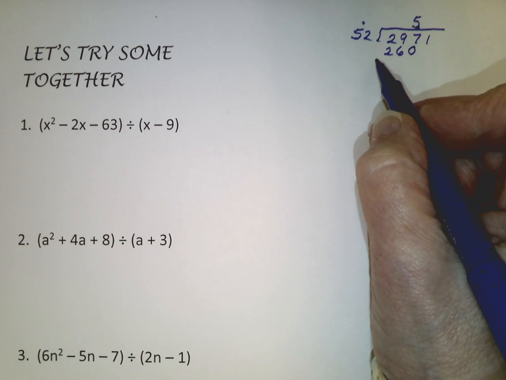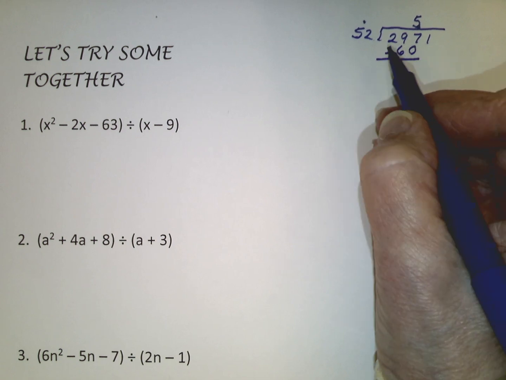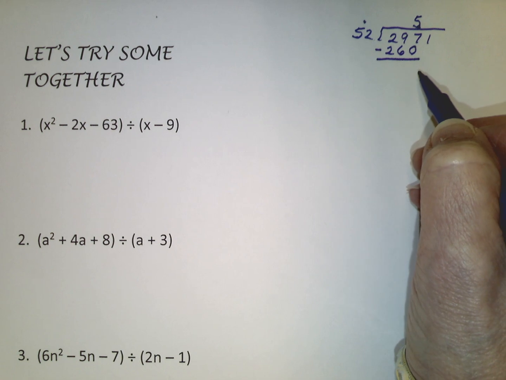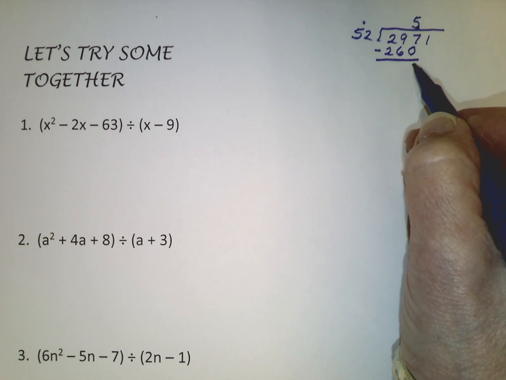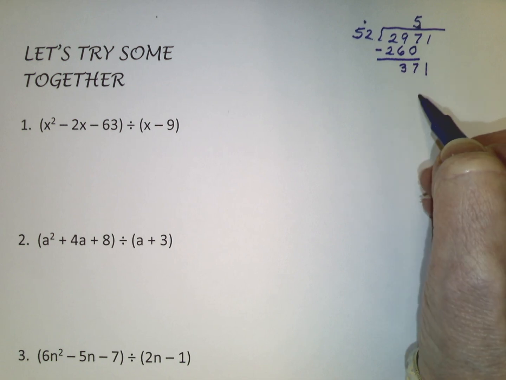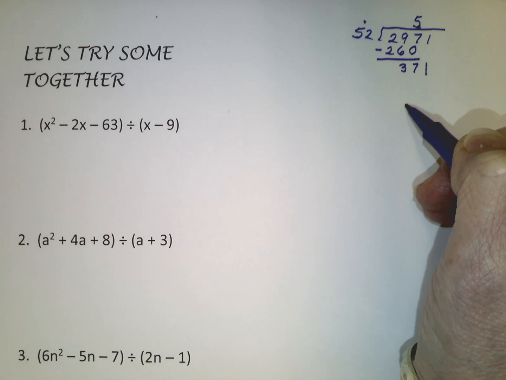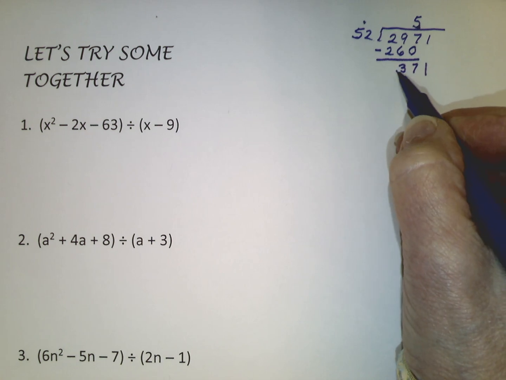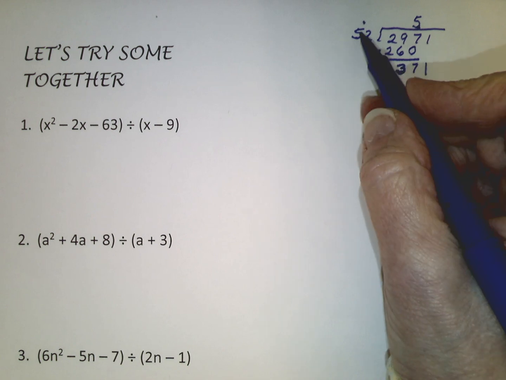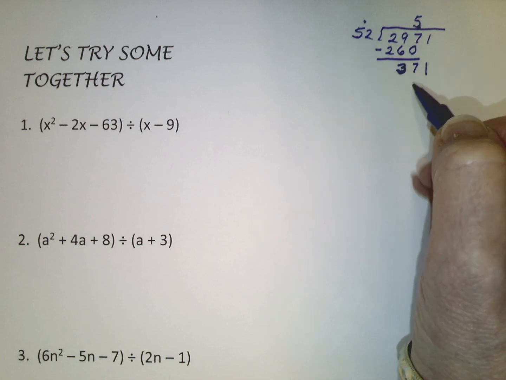And if you recall, our next step back in 4th grade is to subtract. So this subtraction's not too hard. And then bring down the next number and keep dividing. Once again, we're going to get an idea just by dividing the 5 into the 37.